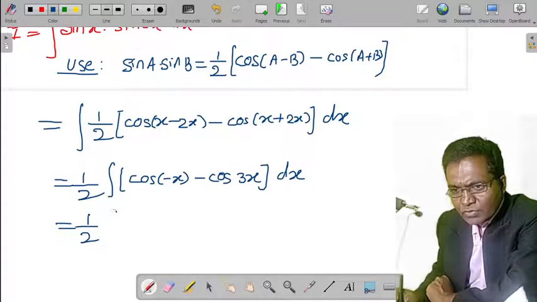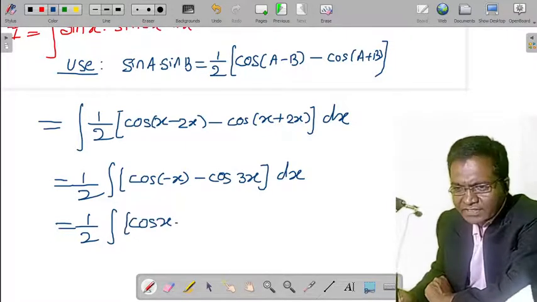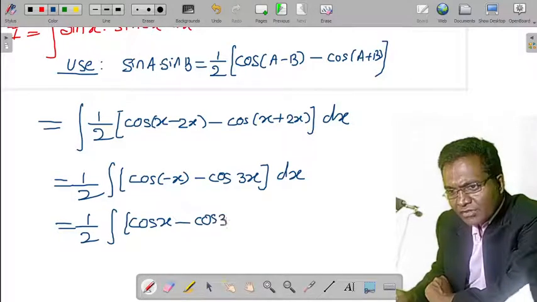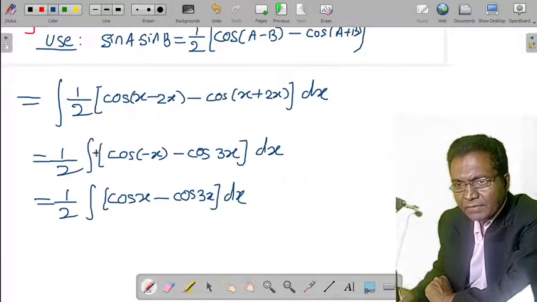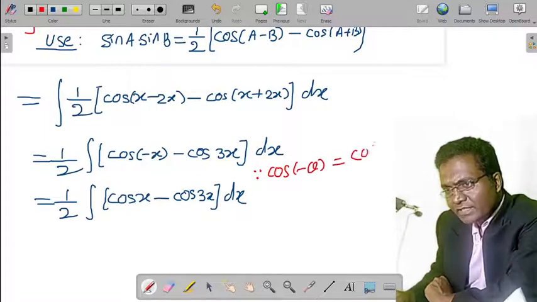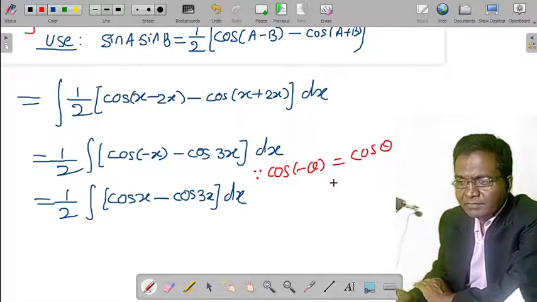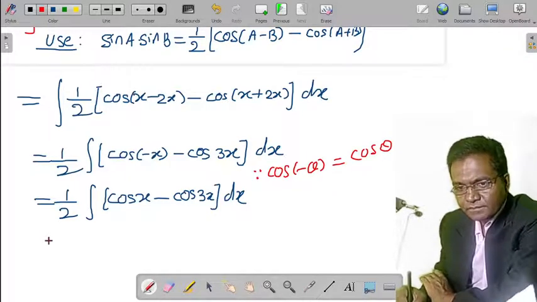So 1 by 2, cos of minus theta is cos theta only, so I can write only cos x. Cos of minus x is cos x. This is cos of 3x dx. Remember this, because cos of minus theta is cos theta. If you get sine here, sine of minus theta is minus, which comes outside.